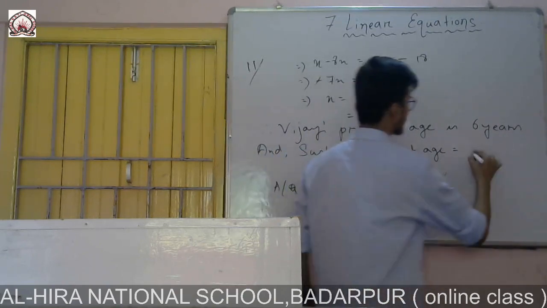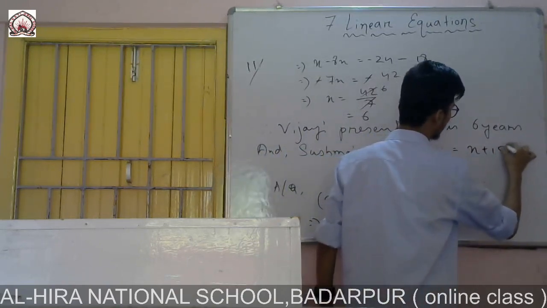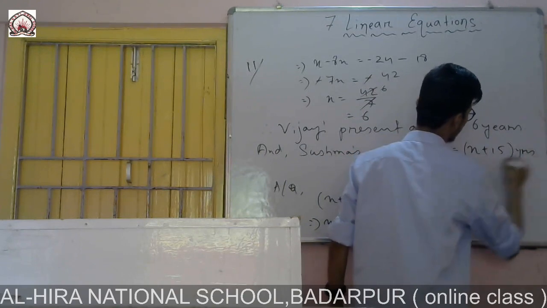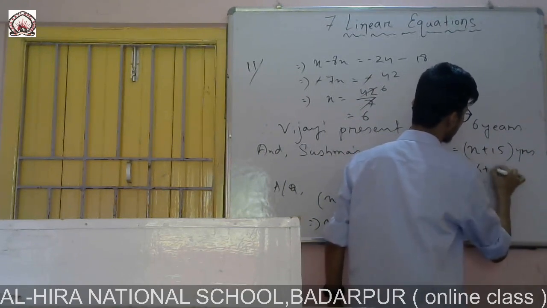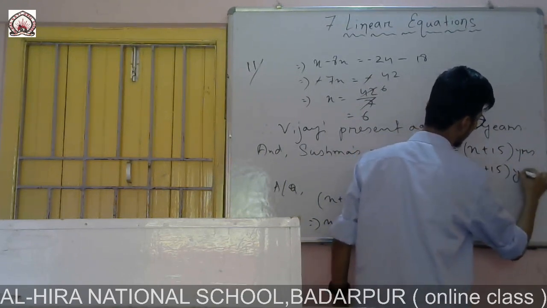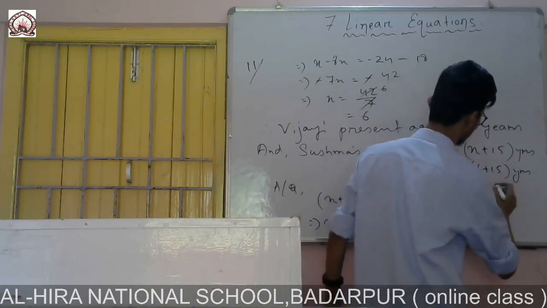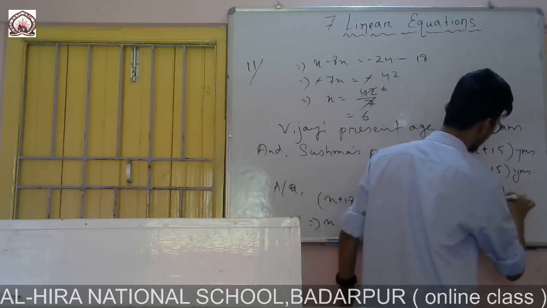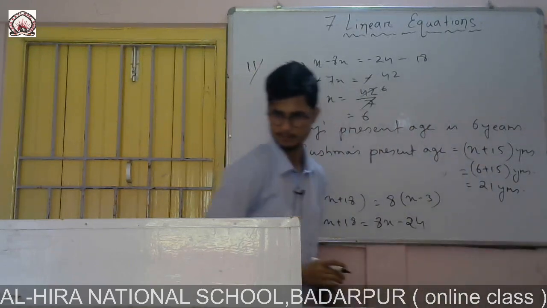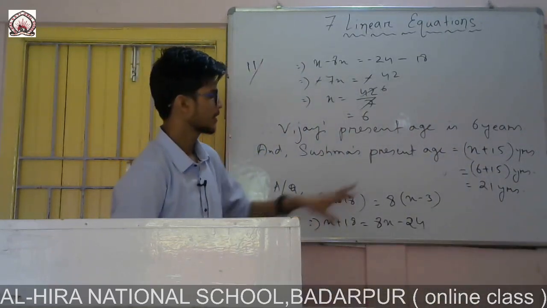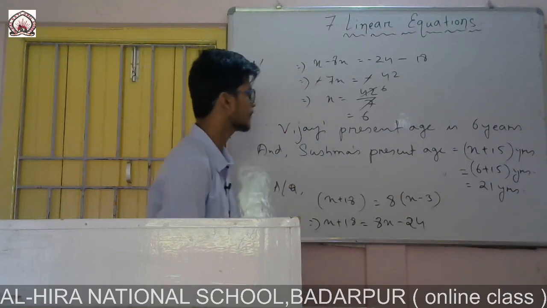Sushma's present age was x plus 15, x plus 15 years, that means 6 plus 15, 21 years. So this is the present age of Sushma.